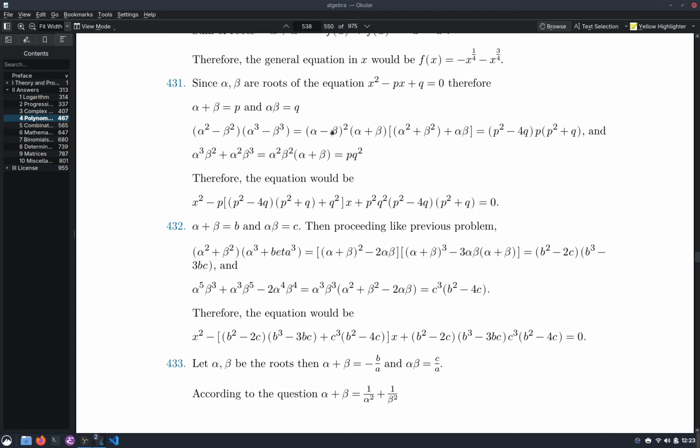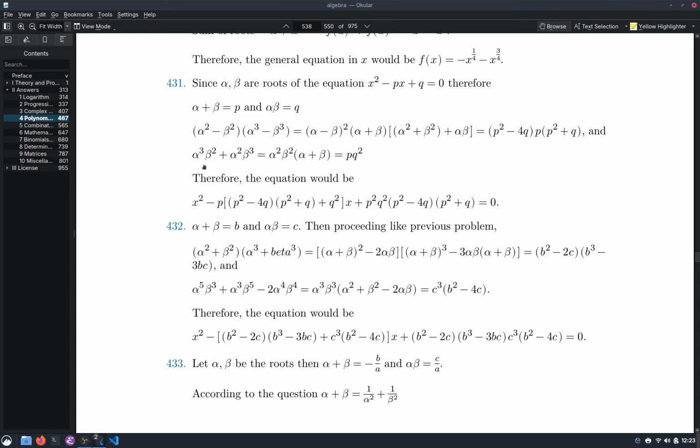Now, this alpha minus beta whole square can be written as alpha plus beta whole square minus 4 alpha beta, which is p square minus 4q. This alpha plus beta will be p, and alpha square plus beta square plus alpha beta can be written as p square plus q.